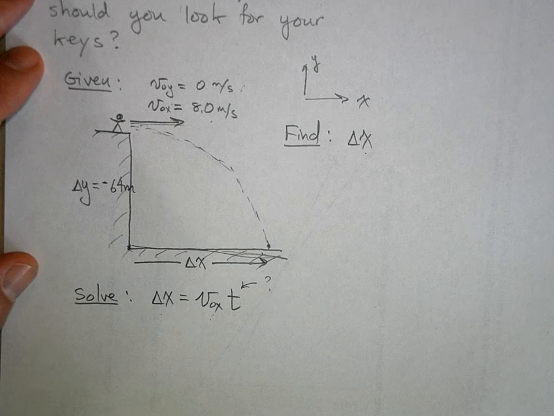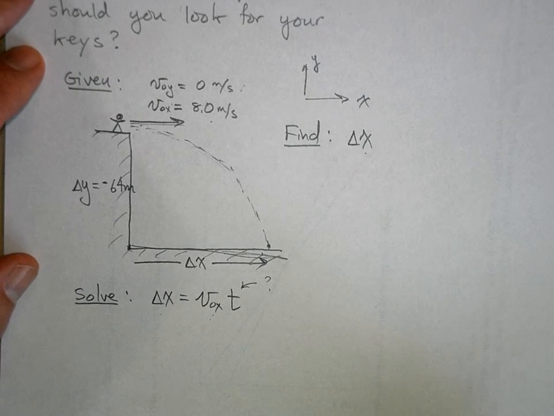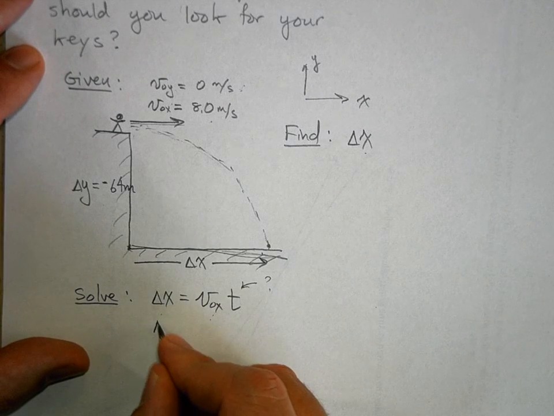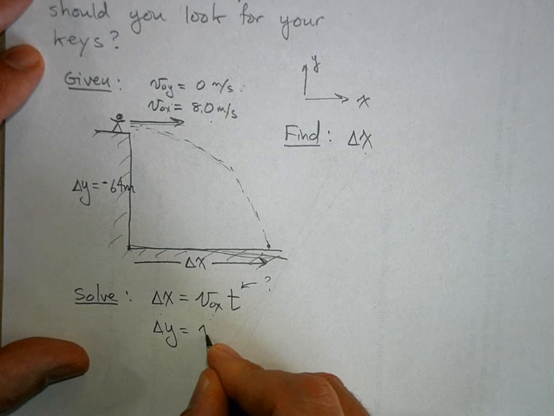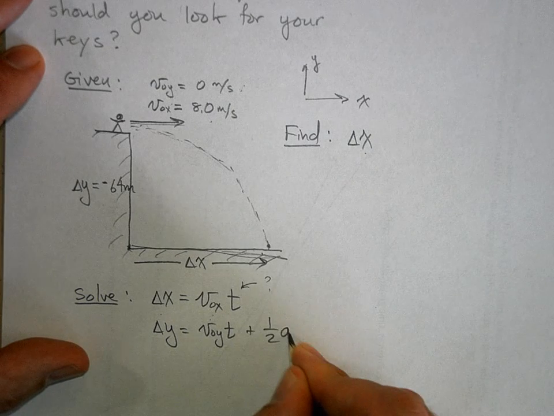So what equation doesn't have the final velocity in it on our kinematic equation list? It would be the third one, and this is the one we usually use on projectile motion problems. Not always. Delta y equals v naught y times t plus 1/2 a t squared.